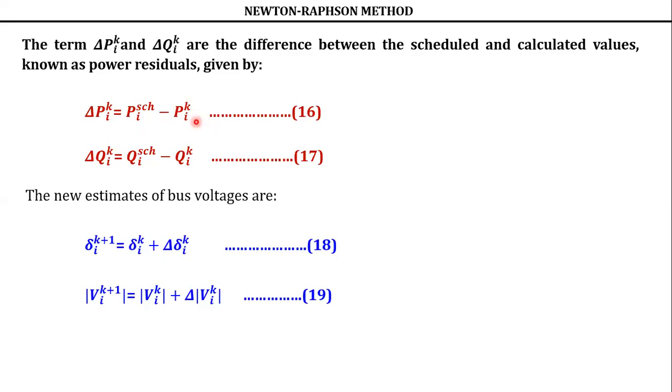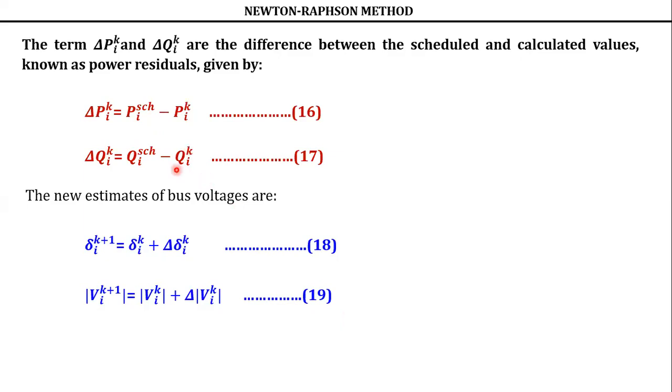Here you can write it as Pi CAL, calculated. How to get this Pik calculated? Using equation 4, the power flow equation. Clear? So you are going to get the change in real power at the ith bus at the kth iteration. Now what is the change in reactive power at the ith bus at the kth iteration? Same equation. Qi scheduled, given, minus Qi calculated at the kth iteration.